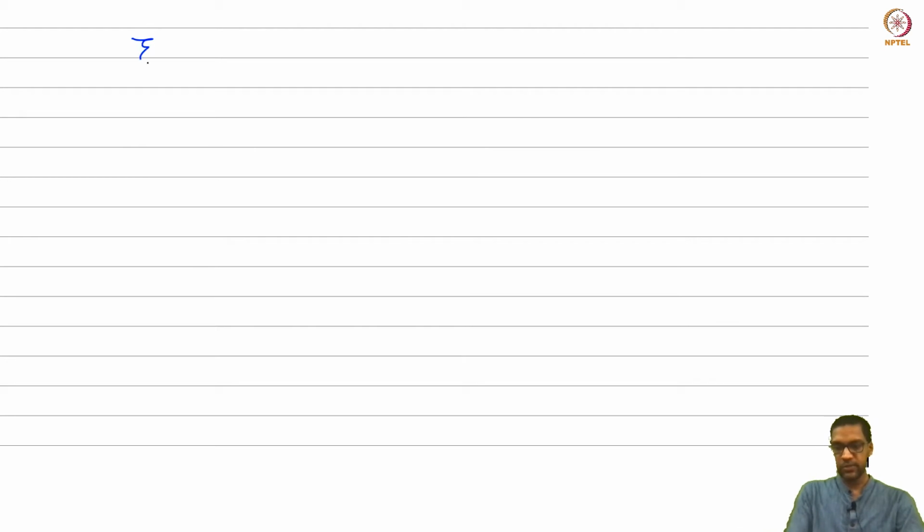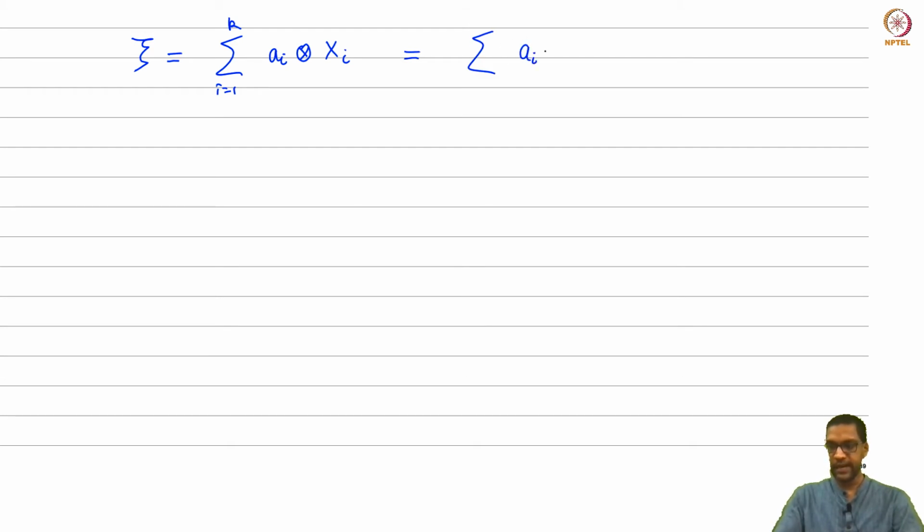This element can also be rewritten as follows. But recall the bilinearity also says the following. I will rewrite this as ai times 1, and this tensor product symbol, in other words the map alpha, is bilinear, which means I can pull this ai out.